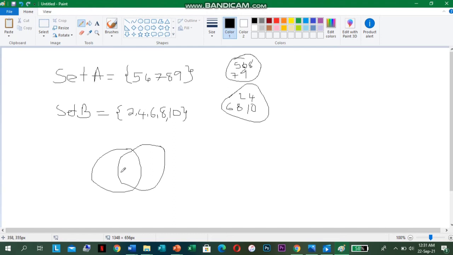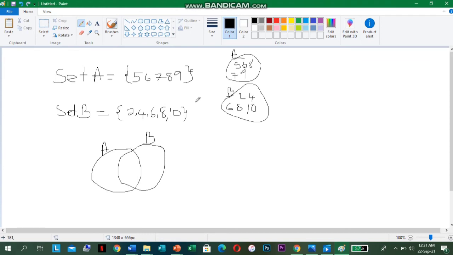So we want to find the intersection of the sets now, using both the Venn diagrams. Look at both sets now. I call this set A, and I call this set B. Now look at both sets, and we're going to find the intersection.